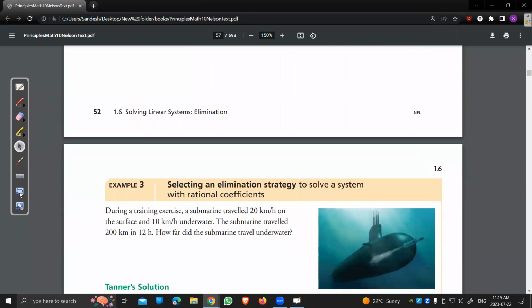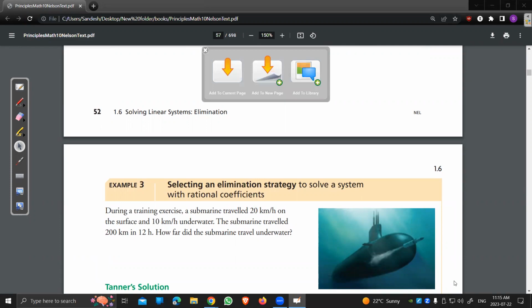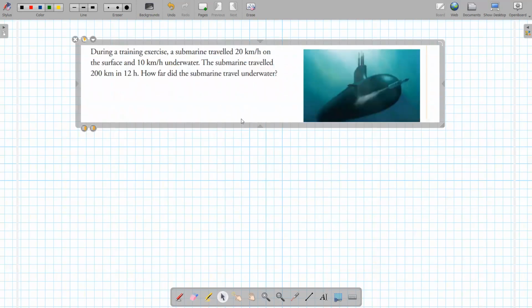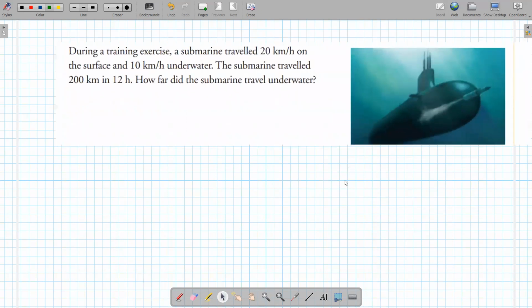Let's try another one. Alrighty, so this one, again, is a word problem. You're going to have to come up with 2 equations. It's very important to identify what x and y is.